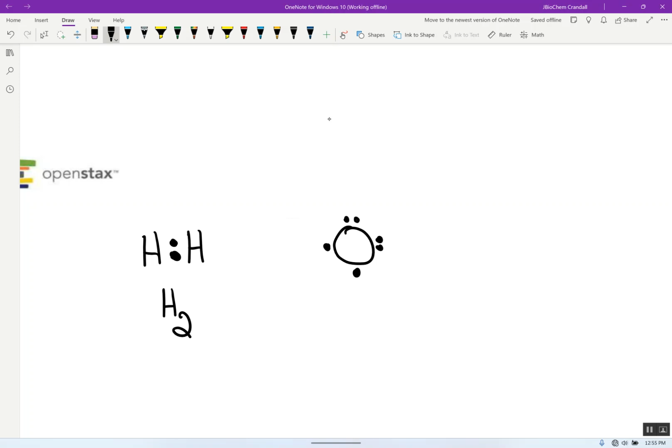Let me draw it a little different. 1, 2, 3, 4, 5, 6. 2 of those valence electrons are unpaired, and the other ones are paired. So here are the paired valence electrons, and the other ones are single individual unpaired electrons.